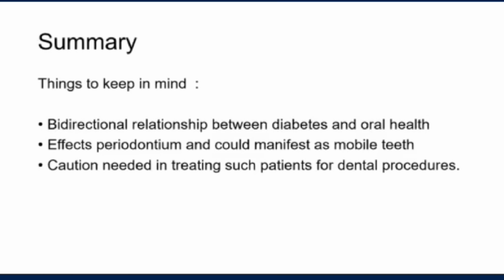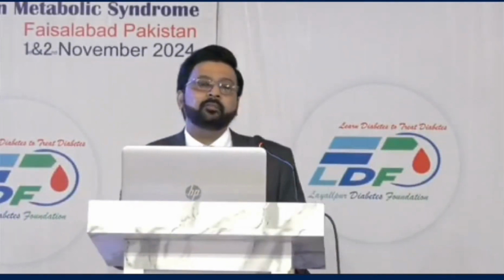Last is caution needed in treating such patients for dental procedures. If we treat a patient with uncontrolled diabetes, the ultimate result will be delayed wound healing, persistent infection, and poor results of our surgical or non-surgical procedure.